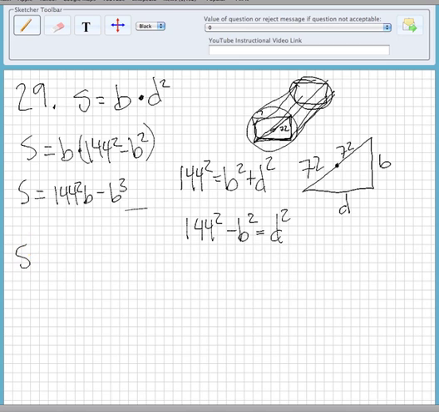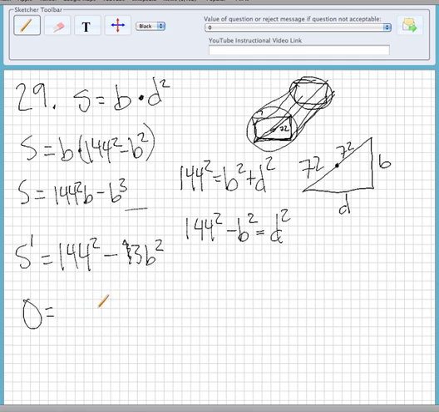So to do that, we'll say S prime is going to be 144 squared minus 3b squared. All right? And to find the maximum value, you're going to solve for where this function is equal to 0. So where is this equal to 0?